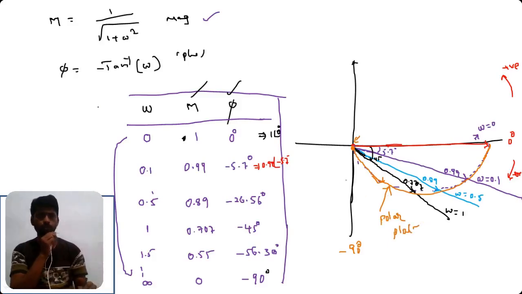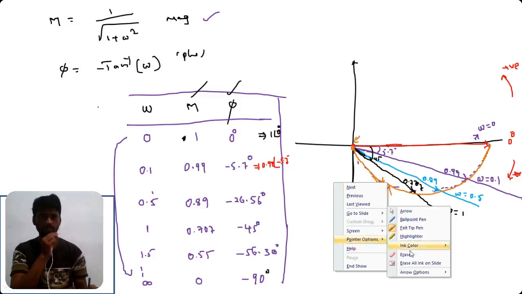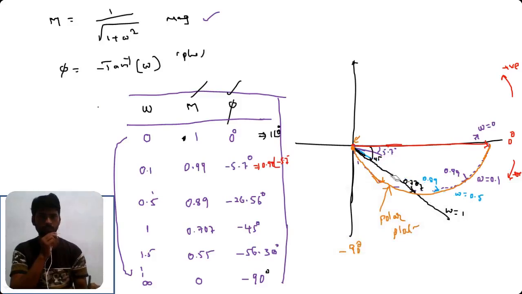We don't consider all these phasors, so I am removing them. So this is the final plot.